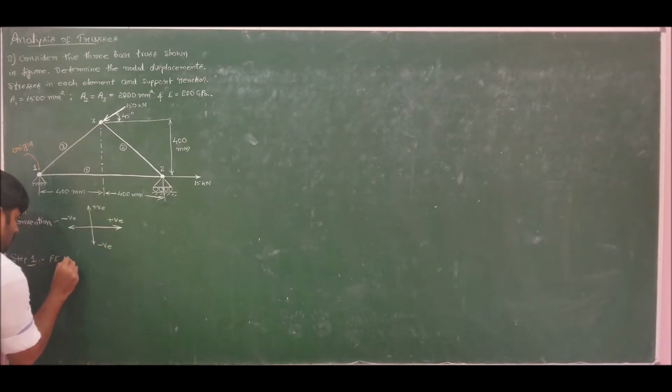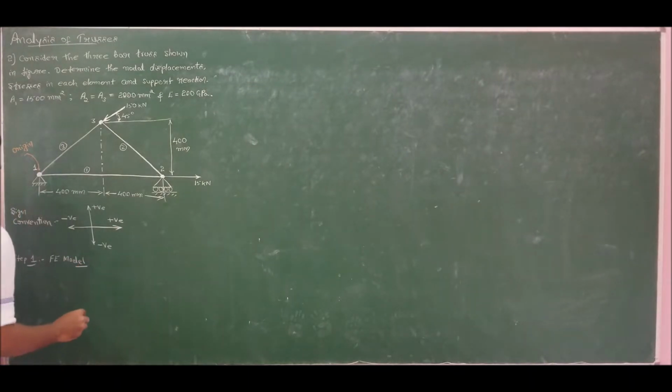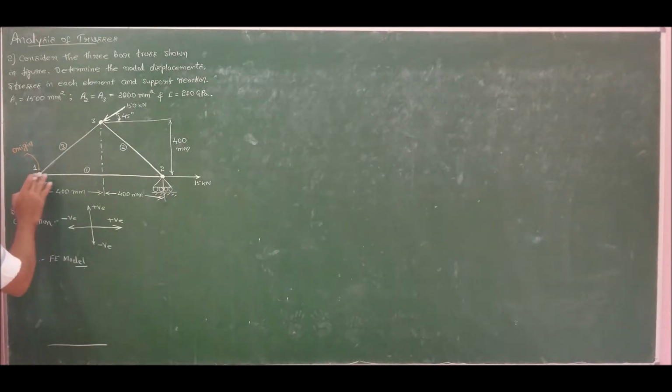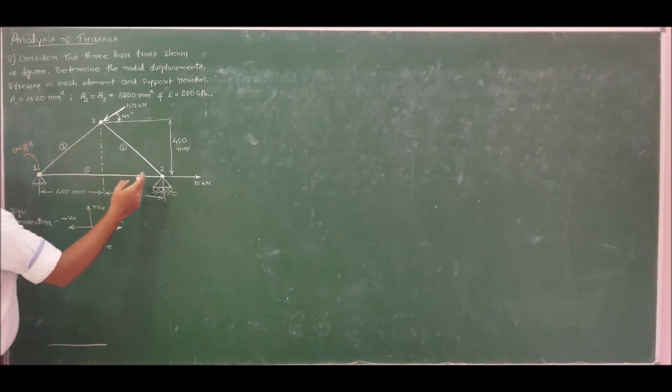If I go for the finite element model, we have 3 elements. Element 1 is the one which is horizontal, and the node numbers are 1 and 2. The globally least node number is 1 and the next highest number is 2.